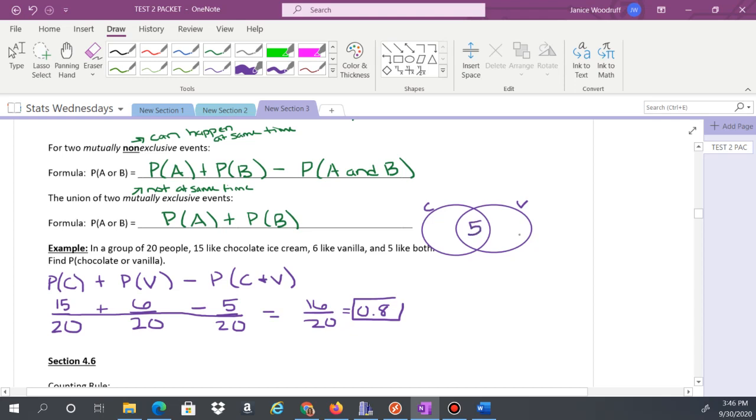This was like a survey with check boxes, so you could check more than one. So 15 like chocolate, but we already counted 5 of them here, which means that 10 like chocolate only. 10 plus 5 would need to equal that 15. And then 5 plus 1 would need to equal that 6. And then you can just add all of those together. And that would give you 16 out of your total, which was 20. So you could visualize it with a Venn diagram as well.